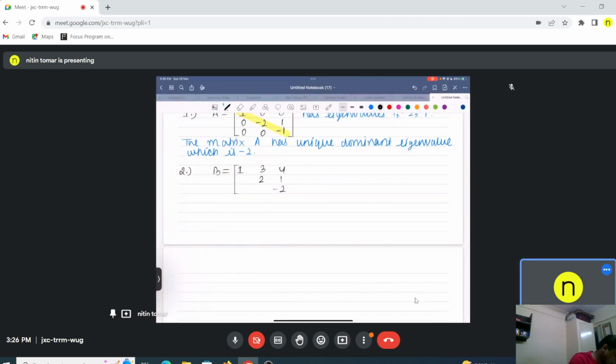So if you consider this matrix, now you see this has eigenvalues.